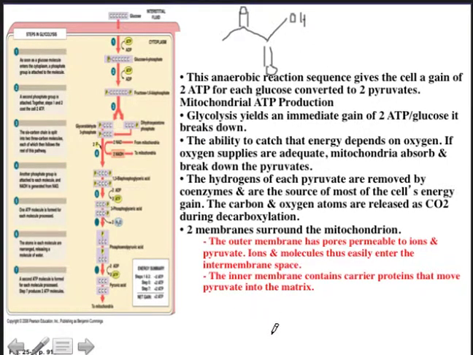And then down here, I'll draw a molecule of glucose. So that's a molecule of glucose.